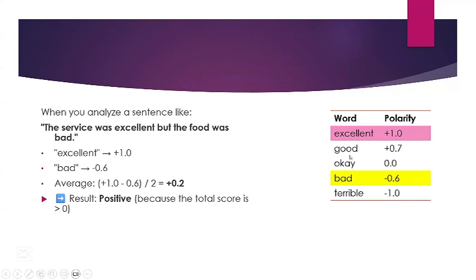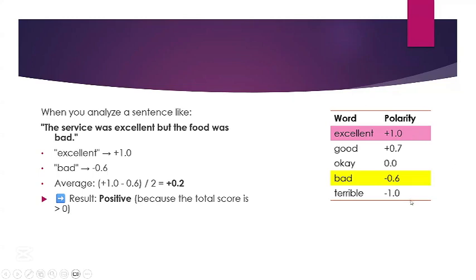I mentioned a couple of things here. You can see good is 0.7, and likewise. This number is defined based on some mathematical method, which we can talk about later. There are a lot of libraries and dictionaries we can use. I am using only one dictionary, but when you use other dictionaries, the numbers might be different, depending on the domain.